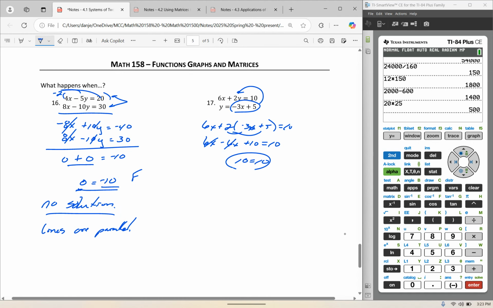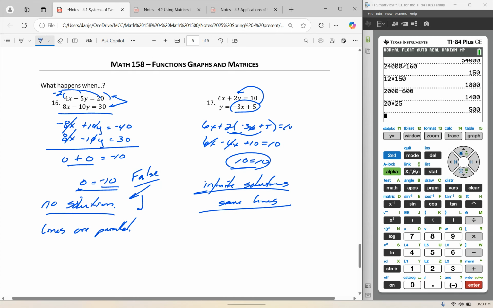In number 16, the statement was false, so we said there's no solution because the lines are parallel. Here, the statement is true. When does 10 equal 10? 10 always equals 10. So there's infinite solutions. The reason is that those two equations give us the same line.